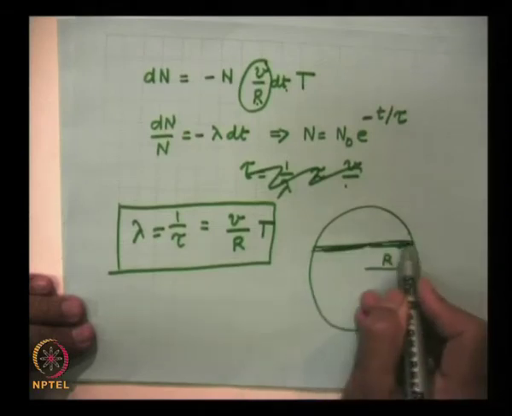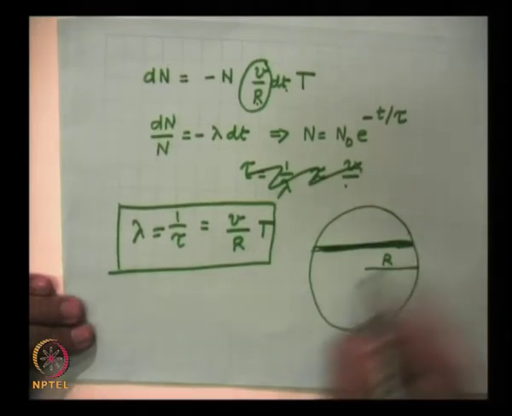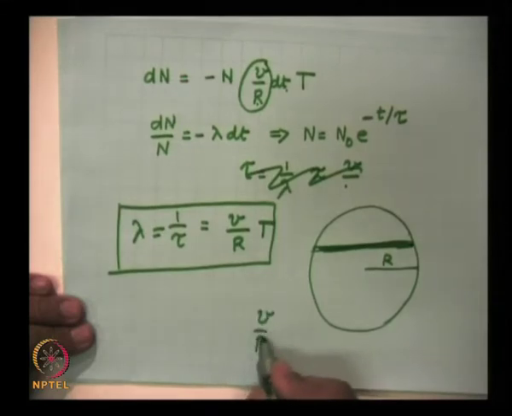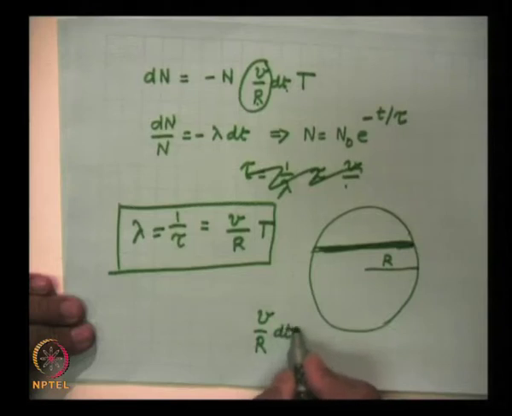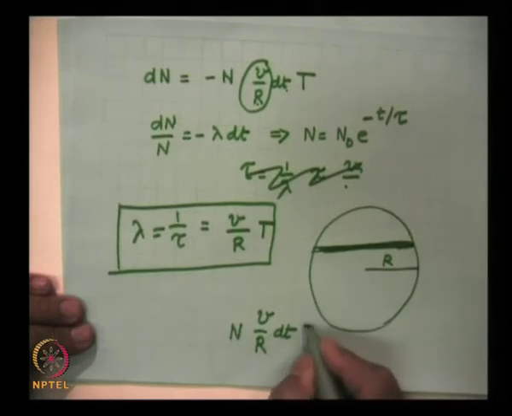So the number of times the alpha particle hits the surface trying to go out is V by R. In time dt, the number of hits is V by R dt multiplied by the total number of nuclei present, and at each hit there is a probability t of it tunneling outside.